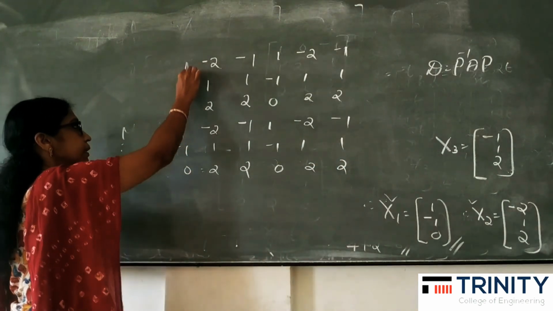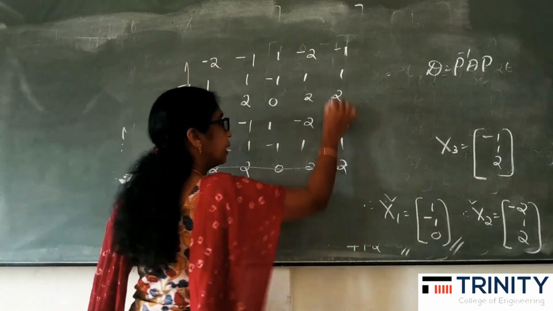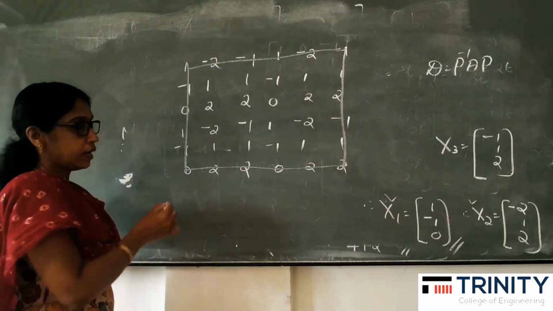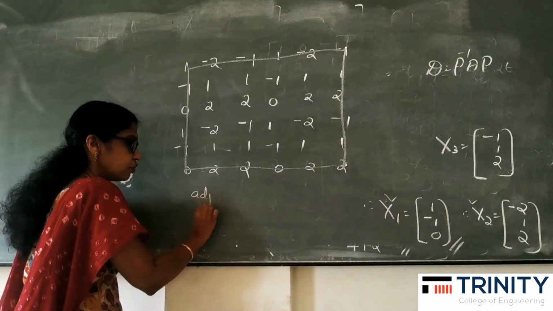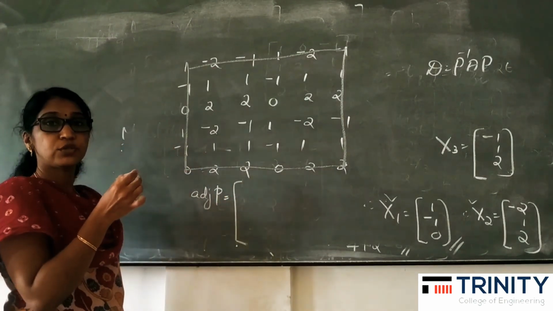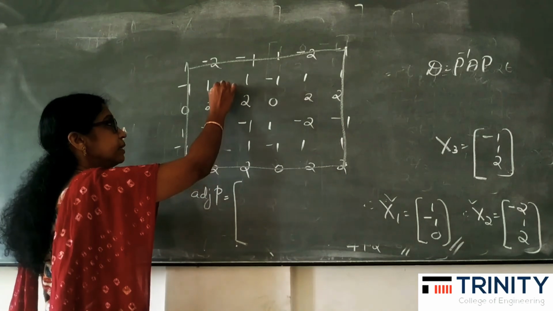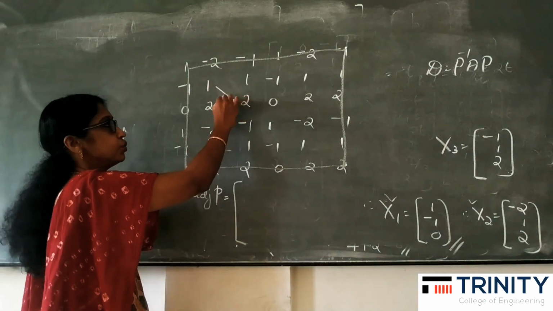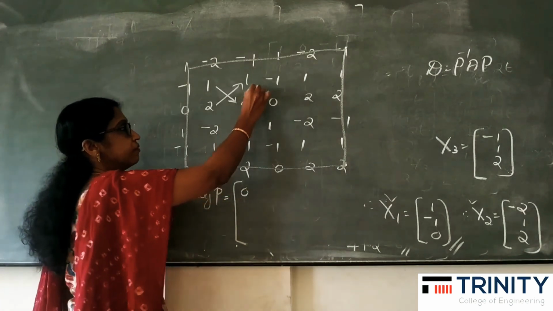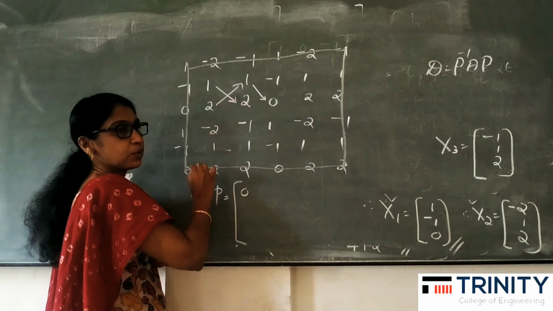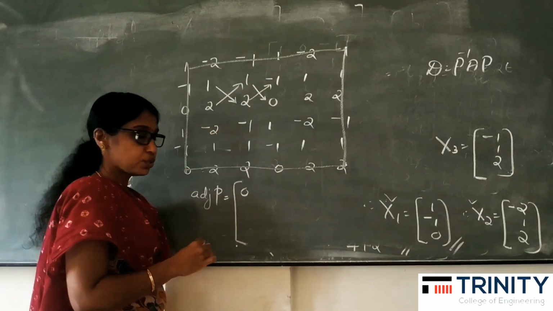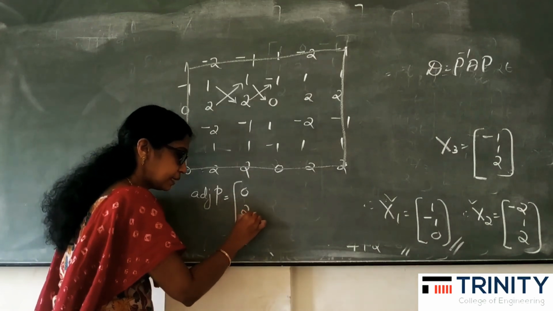So we write the model matrix 4 times. Now I am cutting these border elements. Now I am writing the adjoint of P. We do it like finding the determinant of a 2 by 2 matrix. 1 2 into 1 2 2 minus 2, that is 0. Second one, 1 into 0 is 0. 0 minus of minus 2, 0 plus 2, that is 2. 2 is written here.